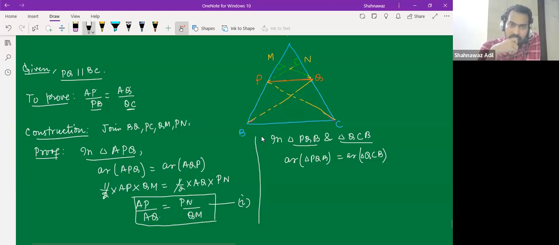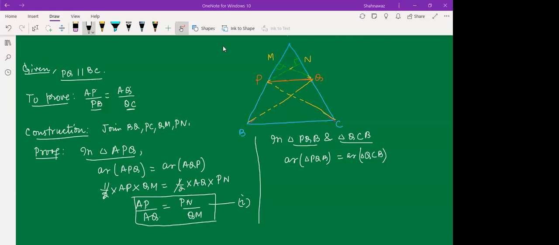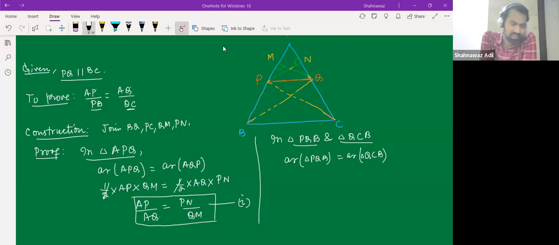Shreyash got disconnected. Yeah, do you guys agree with this? Yes, sir. Right? And what is the theorem? What is the rule?